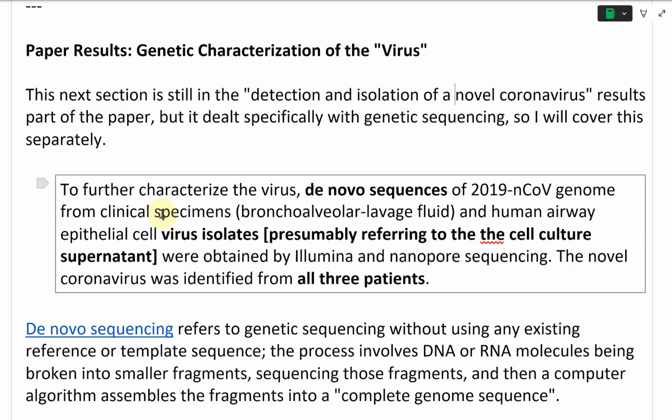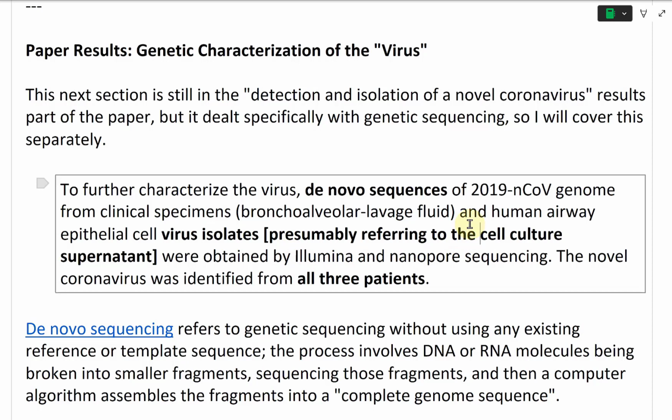So to further characterize the virus, de novo sequences of the 2019-nCoV genome from clinical specimens, bronchoalveolar lavage fluid, and human airway epithelial cell virus isolates, presumably referring to the cell culture supernatant, were obtained by Illumina and nanopore sequencing.